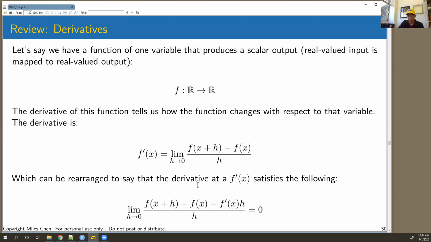If you rearrange the terms, you can also say it's the value of h so that this quantity is equal to 0, right? So if we multiply both sides by h, f prime of x times h, this whole thing should approach 0 as well, okay?